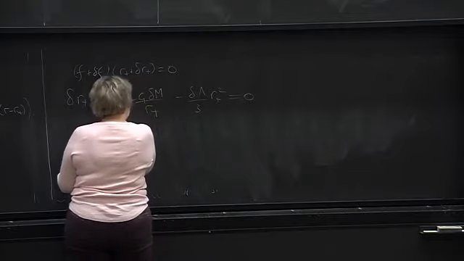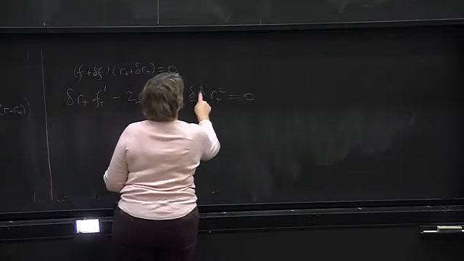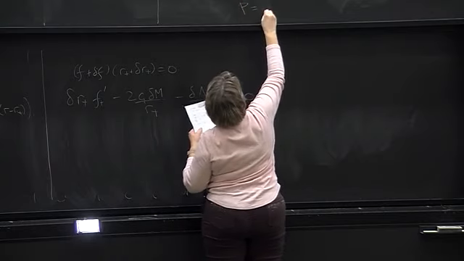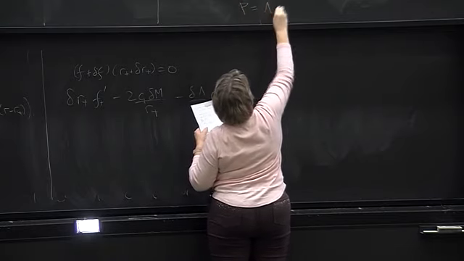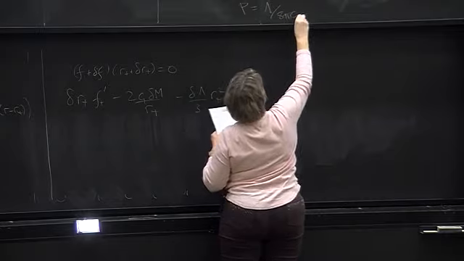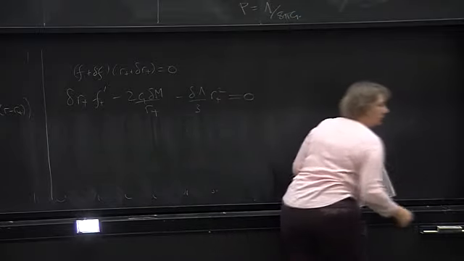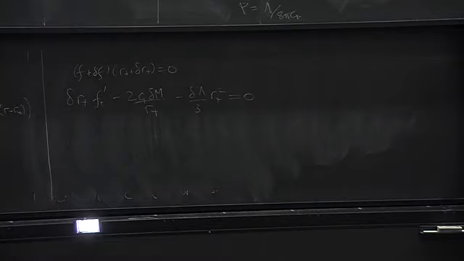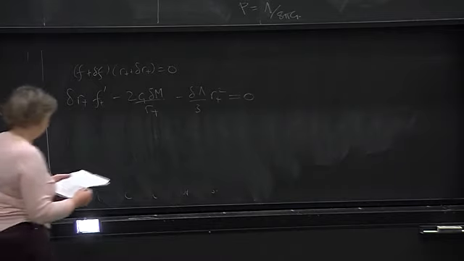So here, if I want to know what the pressure could be, I'm going to define my P as lambda over 8 pi G. So that's pressure. The cosmological constant tells me something about pressure.